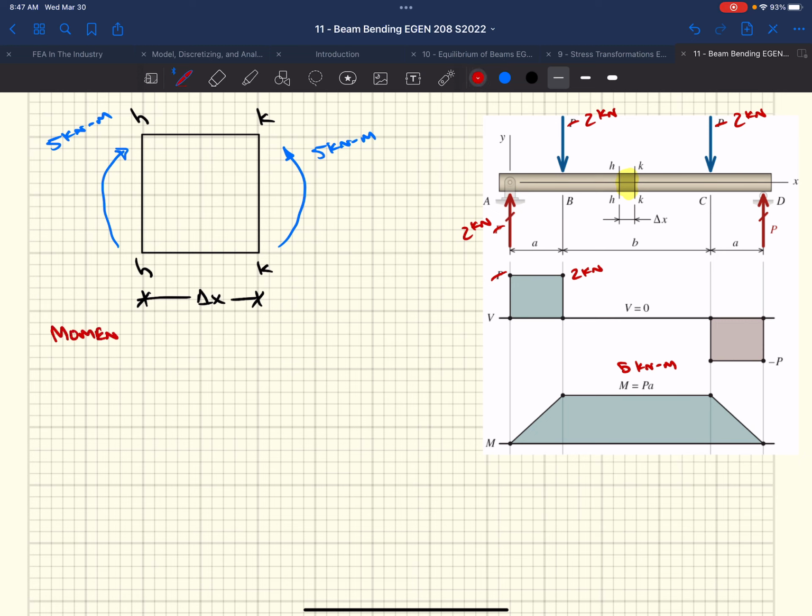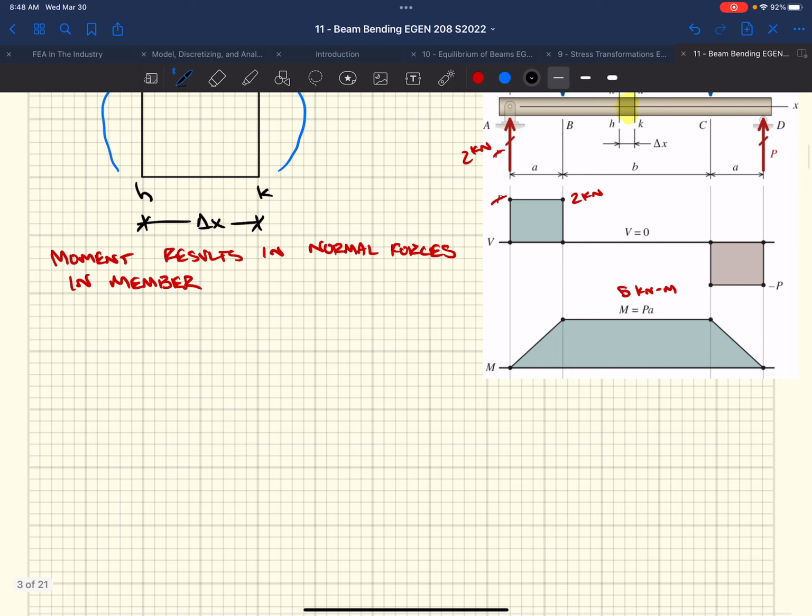Moment. Right? A moment is a force at a moment arm, right? So when we put a moment on the ends of this member, what we're really doing is we're applying a force at a moment arm along the cross section of this member.